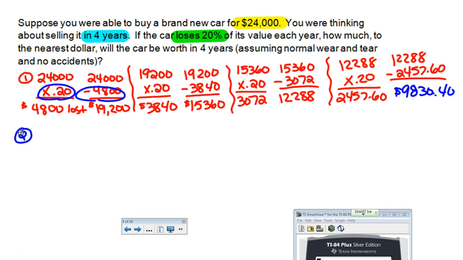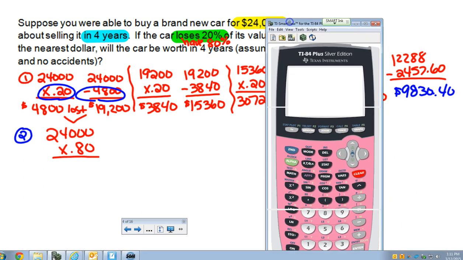If you're losing 20%, it means that you have 80% left over. If you think about it that way, I can combine all of that into one step by just multiplying by 0.80 because I really have 80% of the value left. So when I do that, you'll see something neat.